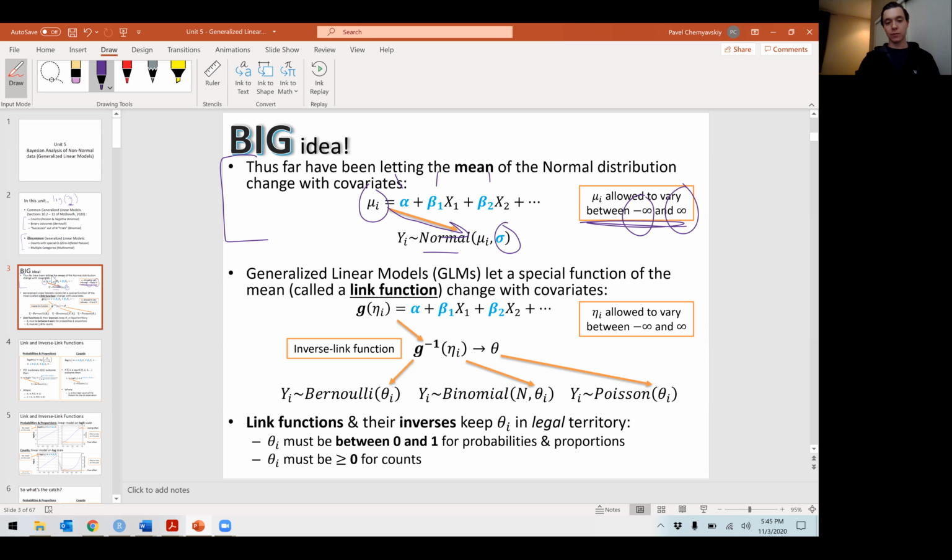So what we need to do is take our linear model and assign it to some function of whatever parameter we're interested in. I'm trying to be very general here, so theta is a general parameter.